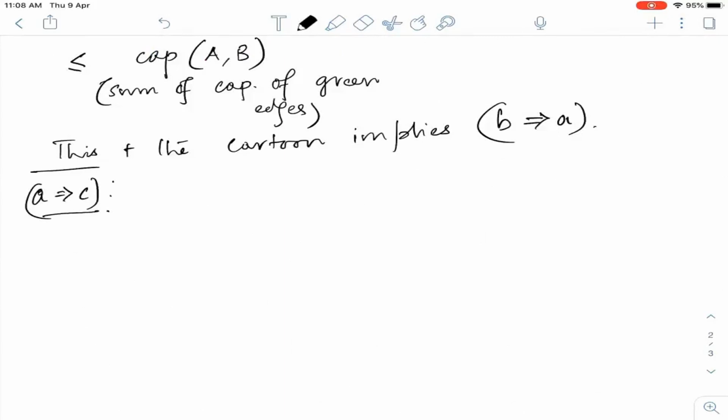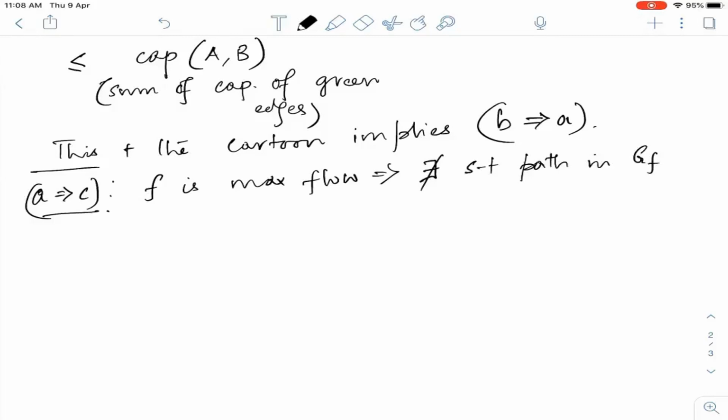In shorthand, this is what we are trying to prove: F is max flow implies no ST path in GF with positive capacity. So who can tell me why this is true, or how we should prove this?